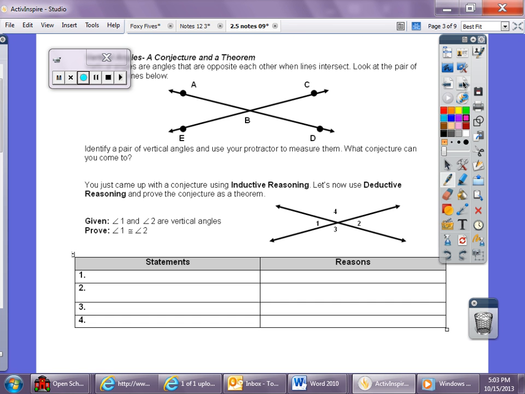And what conjecture can we come to? Well, we can say that angle ABC and angle EBD are vertical angles, and we know that because they have the same measure.